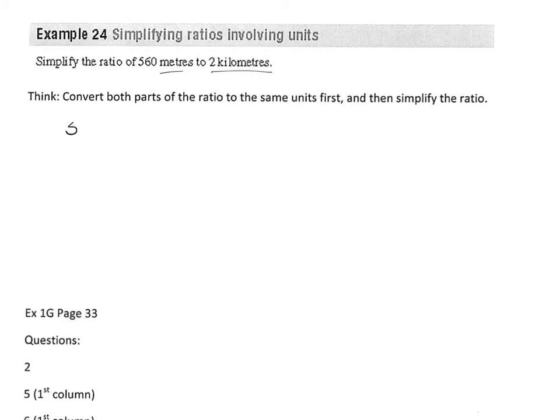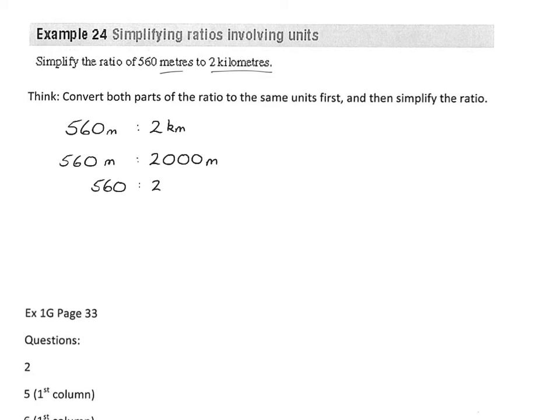So I've got 560 metres to 2 kilometres. I could convert the metres to kilometres, but then I'd end up with a decimal. So what's actually going to be easier is to rewrite it as 560 metres to 2,000 metres. And now that they both have the same units, I can write it as a ratio and simplify.